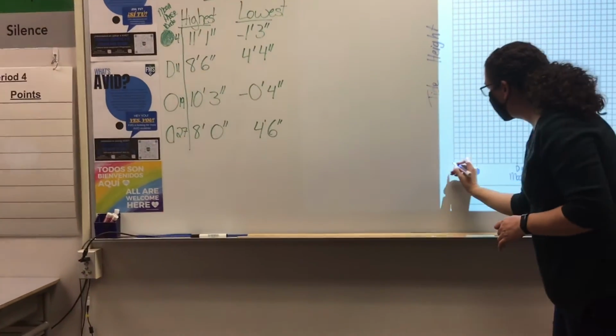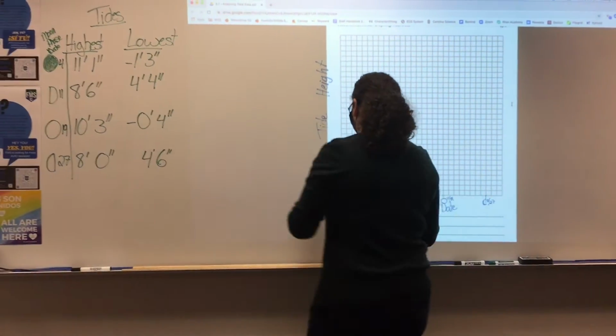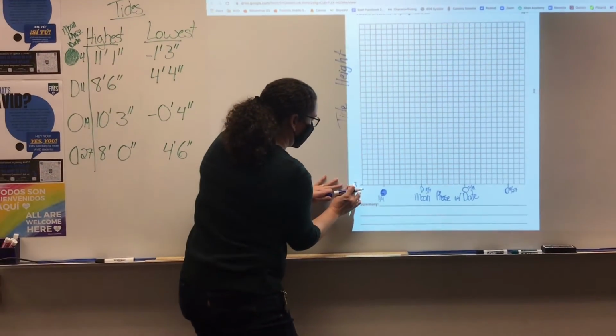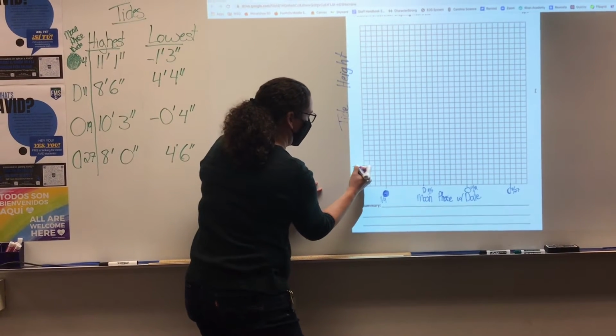Now on the height, we have a negative tide, and it goes all the way up to a positive tide of over 11 feet. So this right here is going to be -3, and then I'm going to skip 2 places, and I'm going to just go up like that.